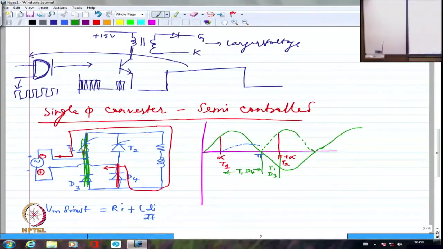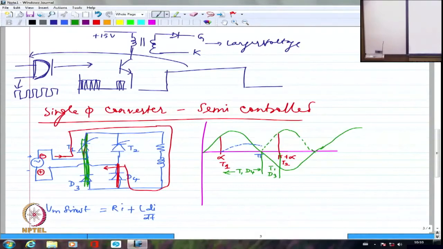If any thyristor device is conducting, to turn it off, you have to follow two conditions in sequence. The first and foremost condition is that the current has to be less than holding current. That's not happening. So, T1 will not care. It will say, as long as I am having the current, I will continue.